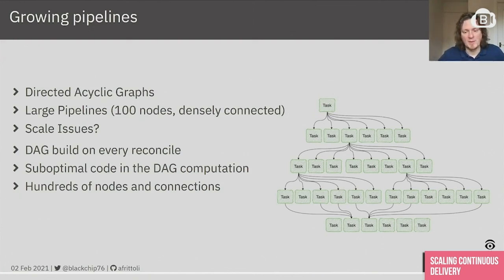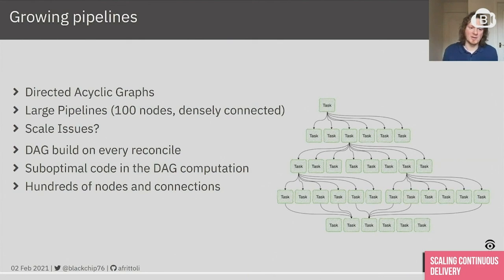So when we have a pipeline in Tekton, to reconcile it, to execute it, we basically transform it into a directed acyclic graph, where each node of the graph is a task, and the nodes are connected to each other with connections that are made between tasks, dependencies for instance.